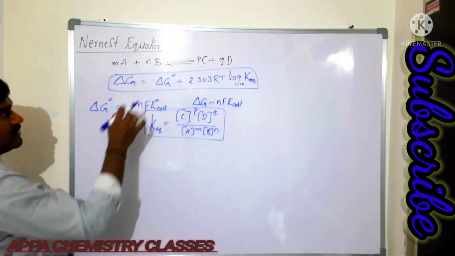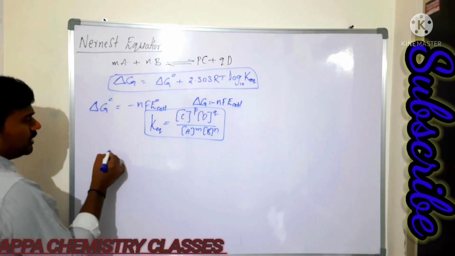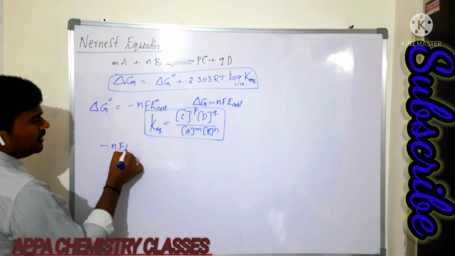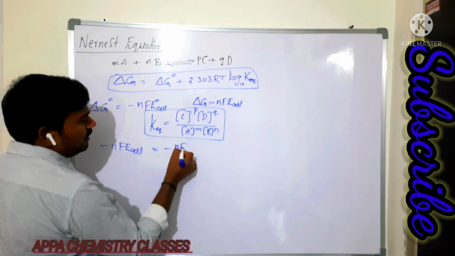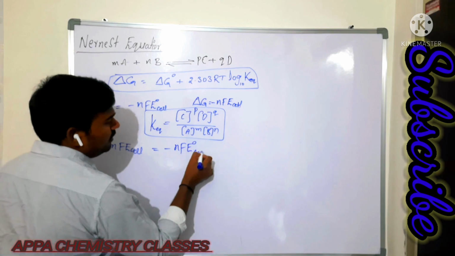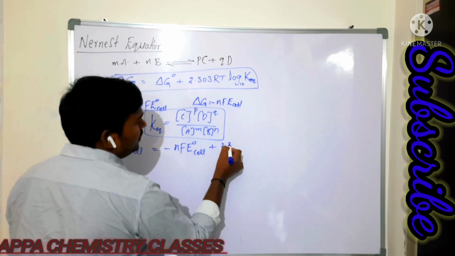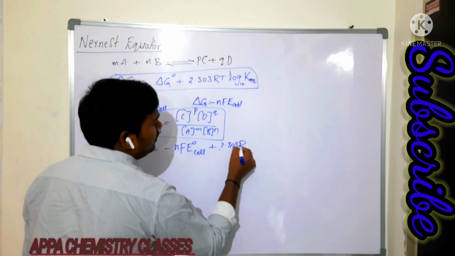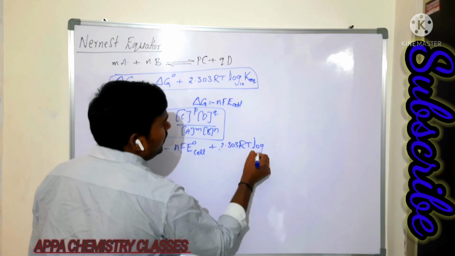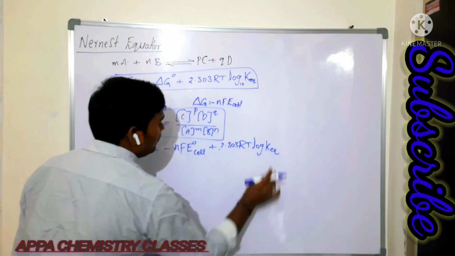Now you substitute all these values there. So minus nF E cell is equal to minus nF E naught cell plus 2.303 RT log of K equilibrium.